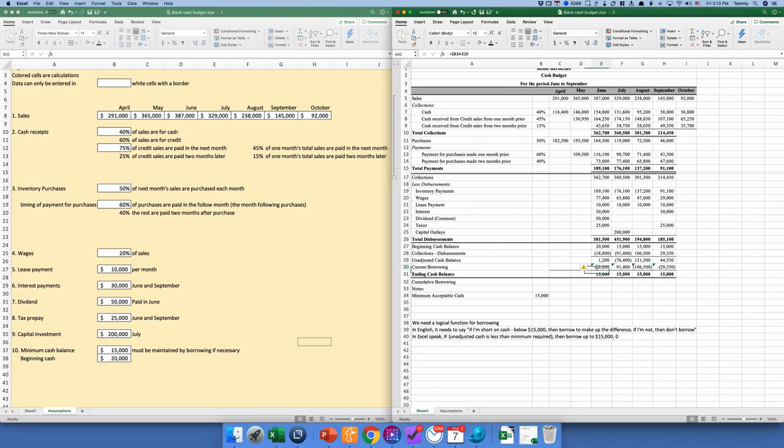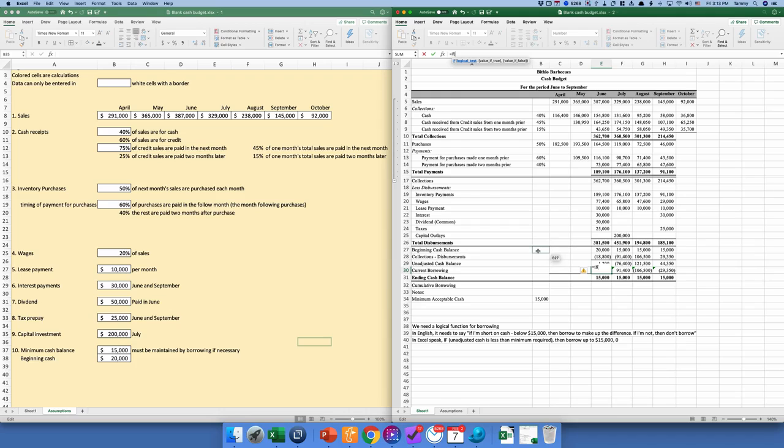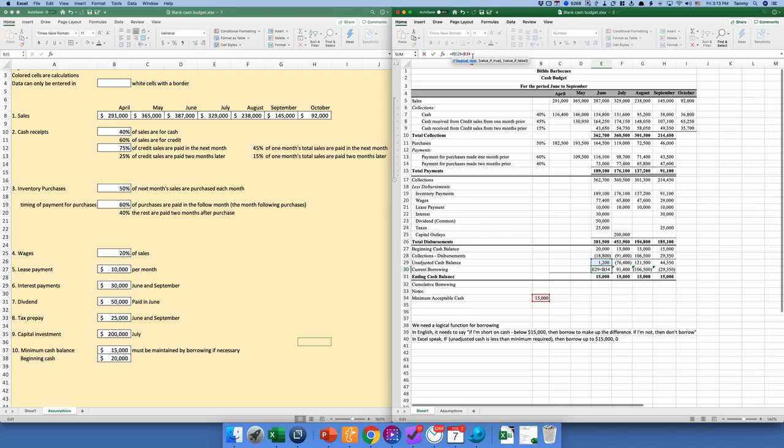So I want to say here, if unadjusted cash is less than what is required, so if this number here is less than the minimum acceptable cash, which we are going to take as an absolute cell value, then borrow the difference, so it's this 15, again an absolute cell value, minus the unadjusted cash balance, otherwise 0, because there's no borrowing.